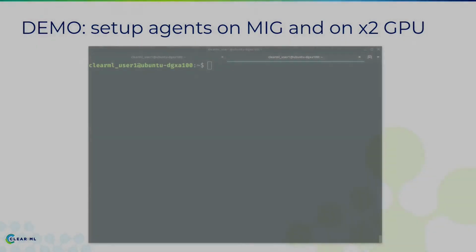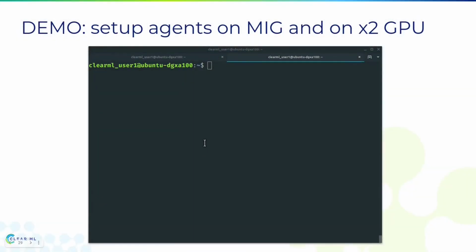Okay, so now we're going to take a DGX machine with 8 GPUs, split it to MIGs, and set up workers on some MIGs, A100 machine, and 2 A100 GPUs. And in order to do that, we first need to get on ClearML and configure our credentials, either in a ClearML server that you set up on your own or the ClearML free SaaS. But this assumes that you have already the clearml.conf file, because you would need it to contact the server with the workers.